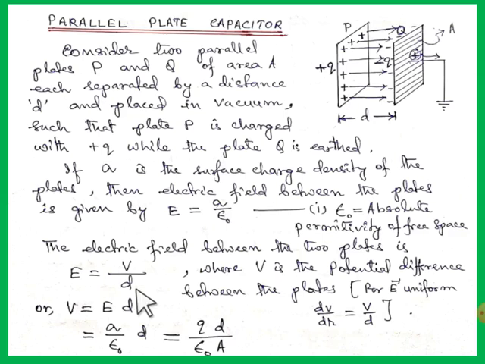Taking only the magnitude and neglecting direction, if V is the potential difference between the plates, and since the field between parallel plates is uniform, we can take dV by dr as V by d.